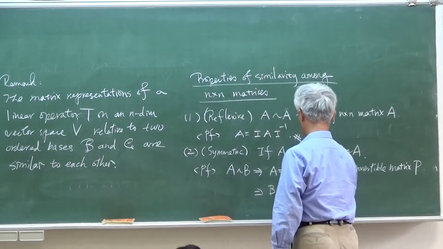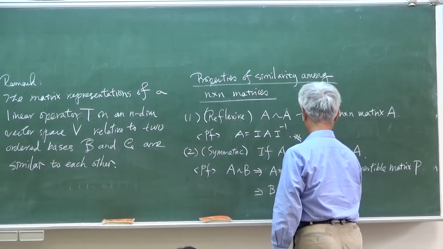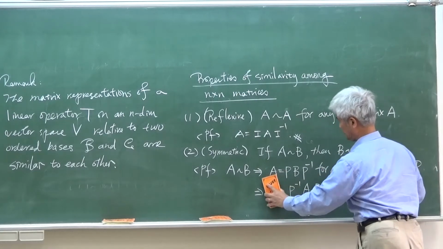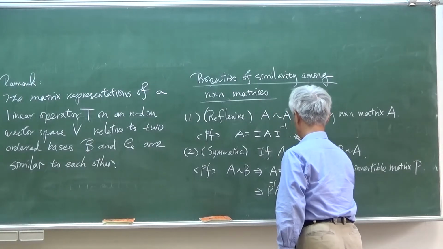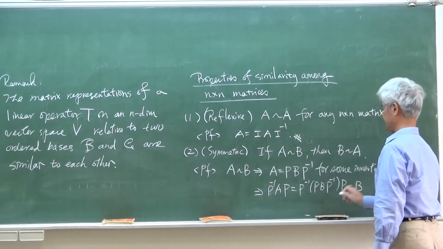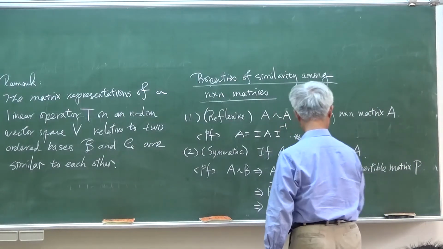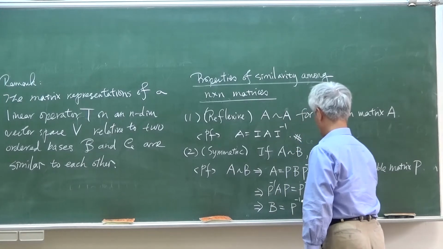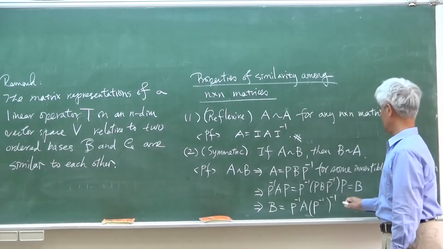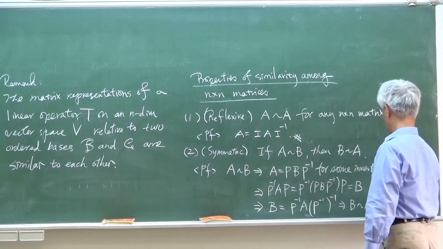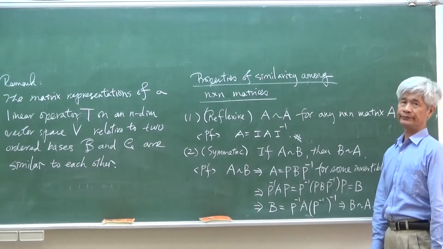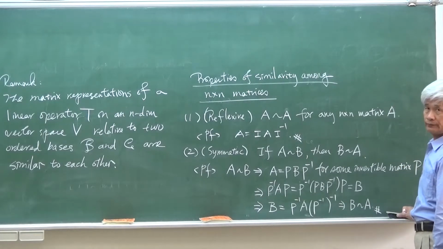So B can be written as P A P inverse. So now the invertible matrix will be selected to be the inverse of P. Any questions?